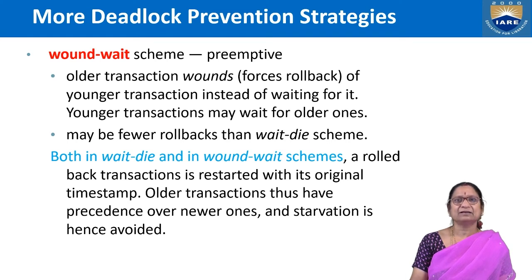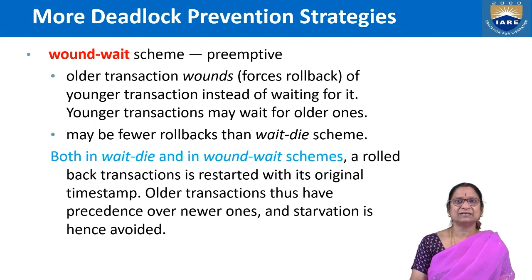This is the specific note we have to always remember. Whenever a rollback happens, if a new timestamp were considered on restart, it would be considered a very, very young one. But whenever a rolled-back transaction is restarted with its original timestamp, it will be considered an older one over a period of time.